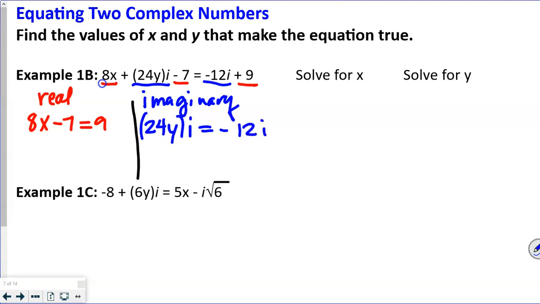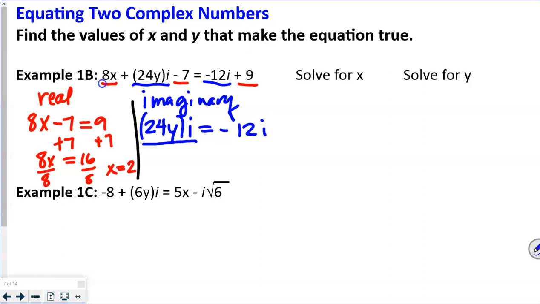Once again, what are we doing first over here on the left? Aren't we going to add 7 to both sides? So that's going to be 8x equals 16. Divide both sides by 8. So x is equal to 2. Got it? Now over here on the right, again, we're going to try to get the y by itself.